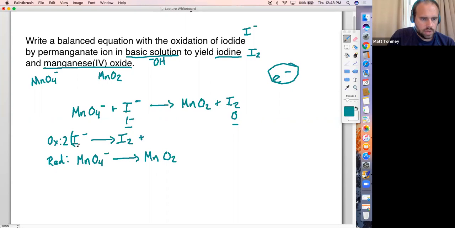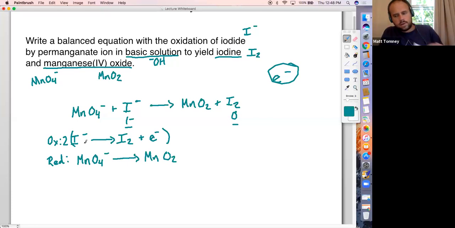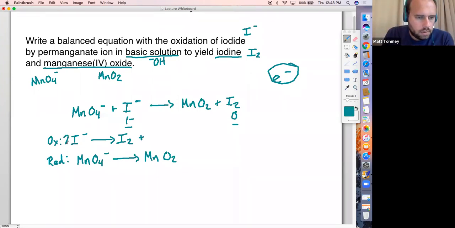Wait a minute, I'm not doing that, sorry, because I don't need 2 of the I2. I'm jumping ahead of myself. I just need a 2 in front of the I minus, not the whole reaction. But what's important here is that since I have 2 of these, in order to create I2, there are 2 electrons that are being given off.